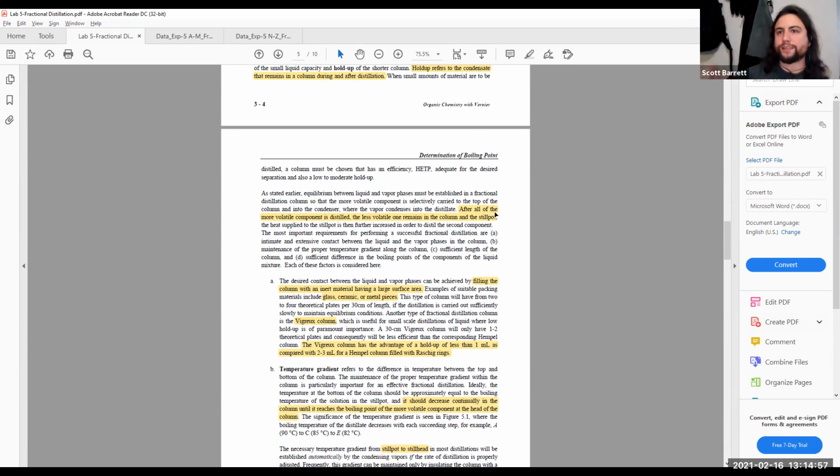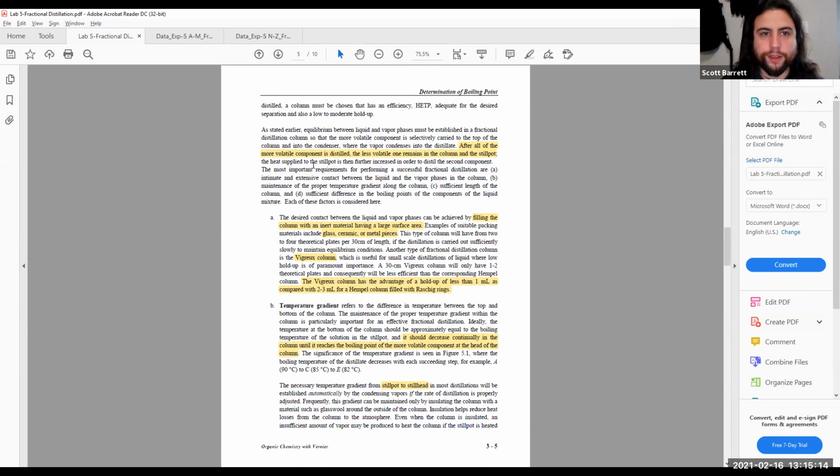So it's a constant cycle of the less volatile substance, toluene, coming back down and condensing, and the more volatile substance, benzene, going up into the vapor phase and eventually going off the column over into the receiving flask. The important requirements for a successful fractional distillation are separated here into 4 different things: A, B, C, and D.